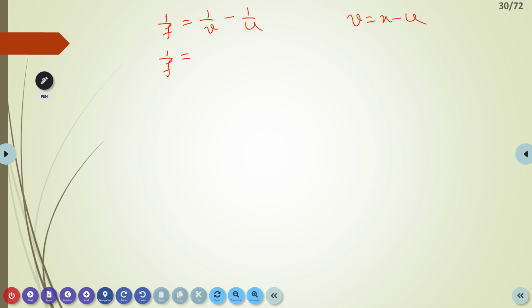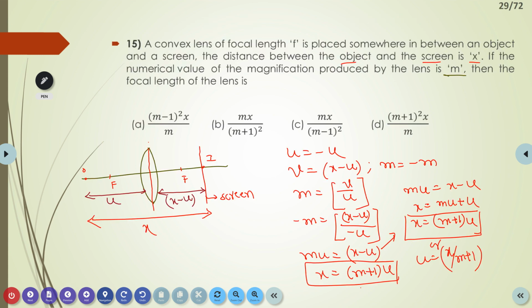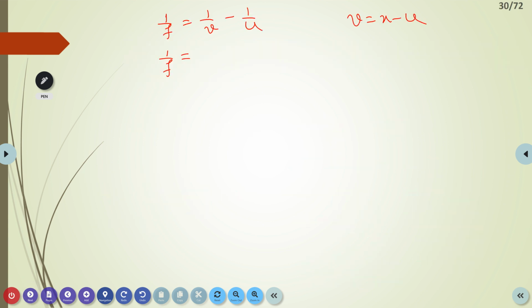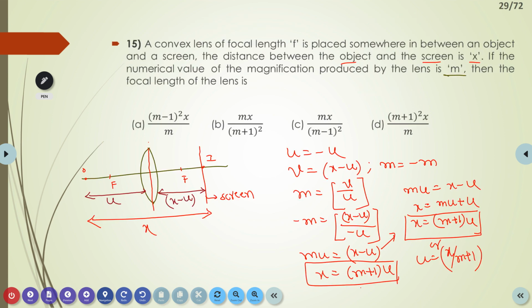X minus U, you know that. What is X? M plus 1 of U. Substitute this. V equal to M plus 1 into U minus U. So that V equal to M into U. And what is U? You know this. U equal to X divided by M plus 1.